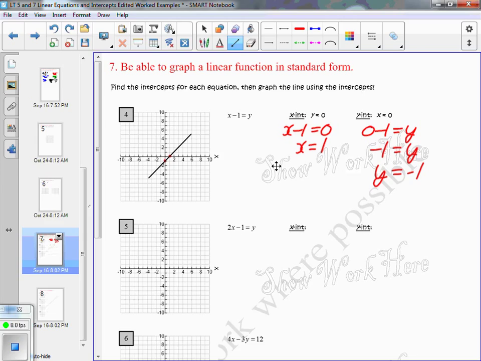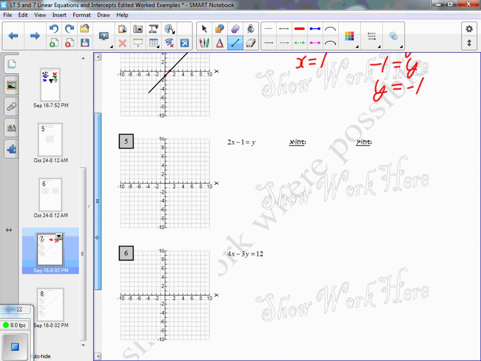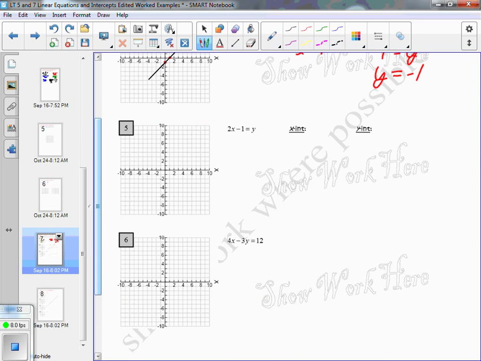All right, let's do the next one. Number 5 here. This time our equation is 2x minus 1 equals y. To get the x-intercept, make y equal 0. So that'll be 2x minus 1 equals 0. Then we solve it for x. 2x equals 1.